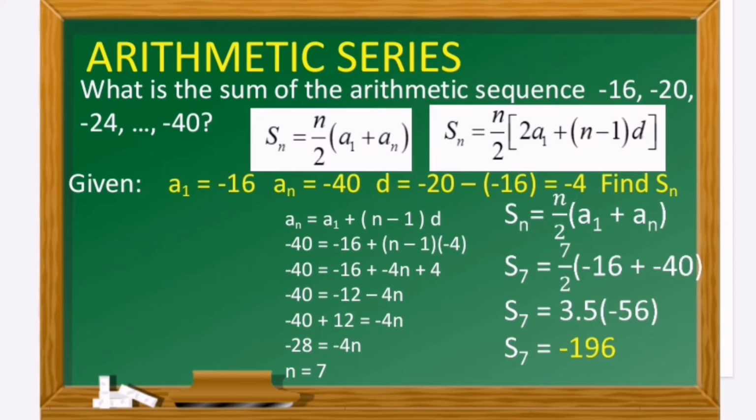Next, we are now ready to look for the sum of these terms by substituting in the formula S sub n equals n over 2 times the quantity of a sub 1 plus a sub n. S sub n now becomes S sub 7 equals 7 over 2 times the quantity of negative 16 plus negative 40 equals negative 196.